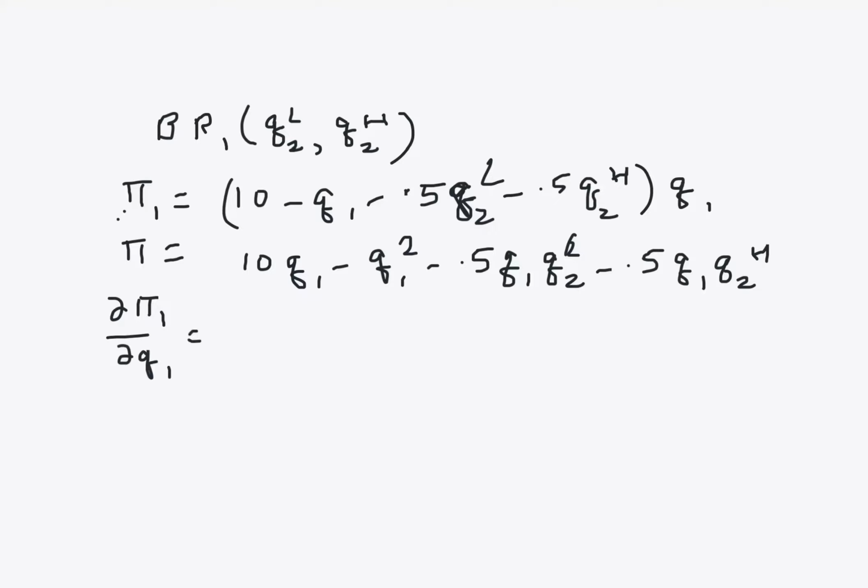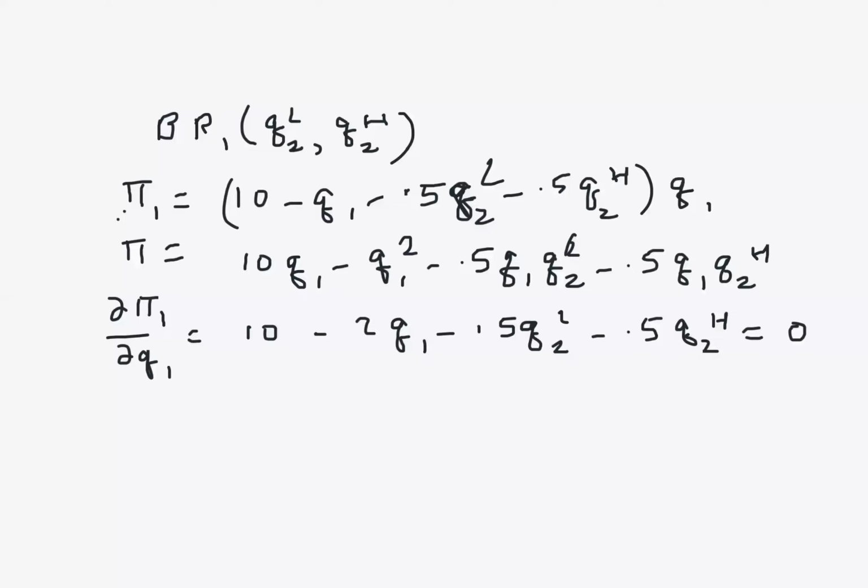And then you take the partial derivative of the profit function with respect to Q1. So that gives you 10 minus 2 Q1 minus 0.5 Q2L minus 0.5 Q2H, and then you set it equal to 0. So now we need to solve for Q1 from this equation, right?